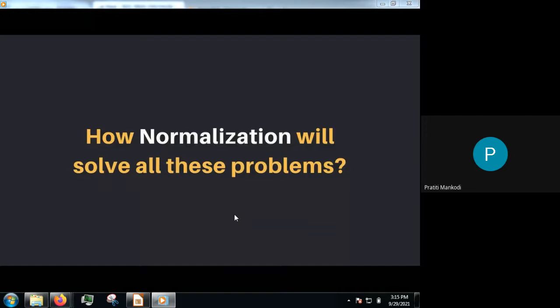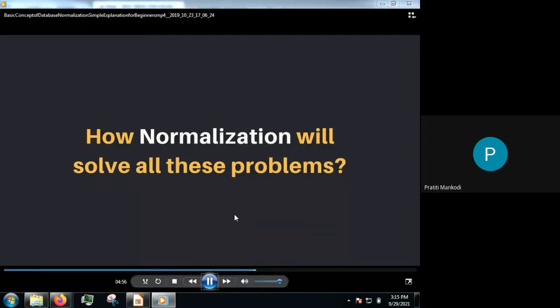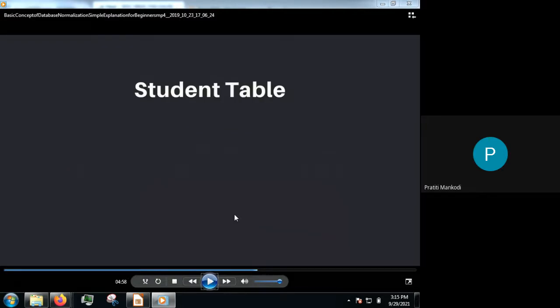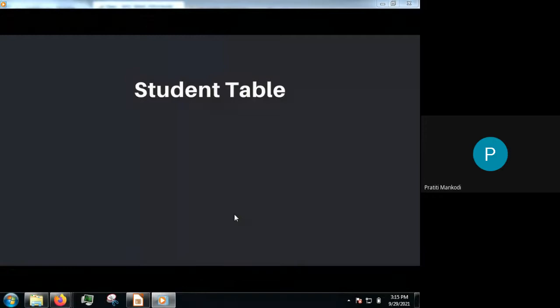So the only option and the only solution is normalization. Extremely important concept for every aspect of engineering, whether it is a GATE exam, a viva, theory, anything.